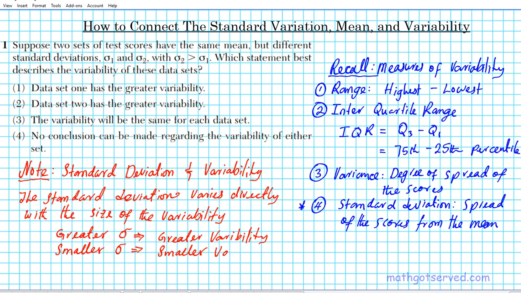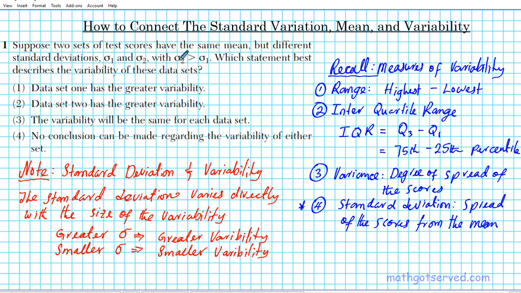That's because the spread of the data set from the mean is smaller. So in this particular case, we know that the standard deviation of data set 2 is greater than the standard deviation of data set 1. What does that automatically tell us concerning how their variabilities compare with each other?